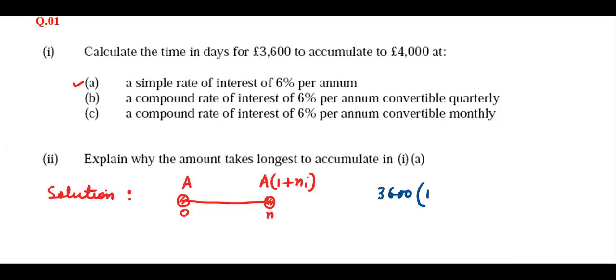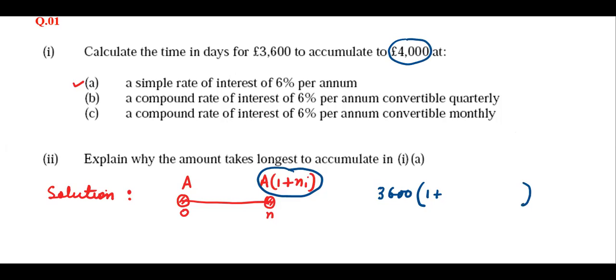And 1 plus N is what you need to find. This is the accumulated value. This value is given 4000. So this one is equal to 4000.